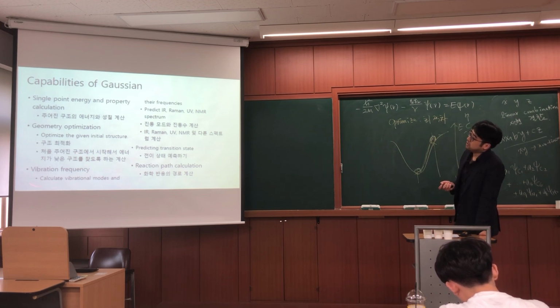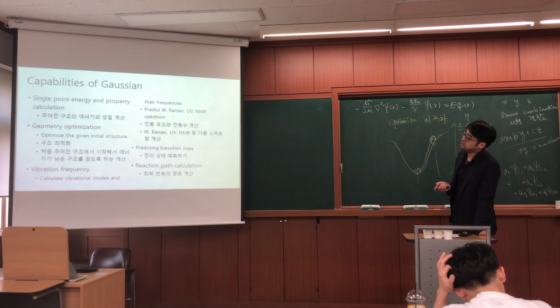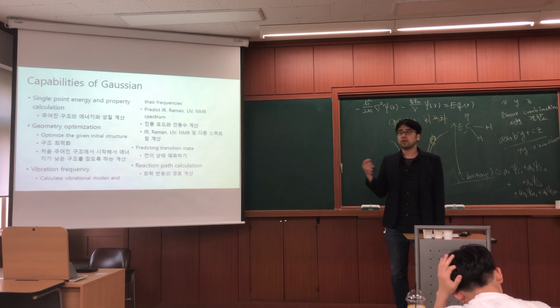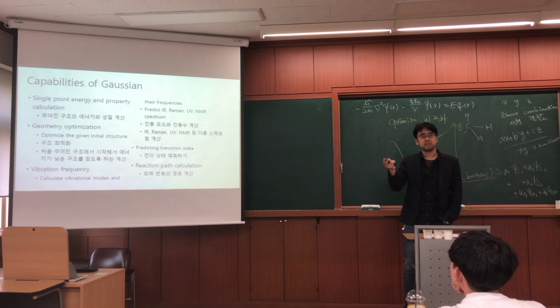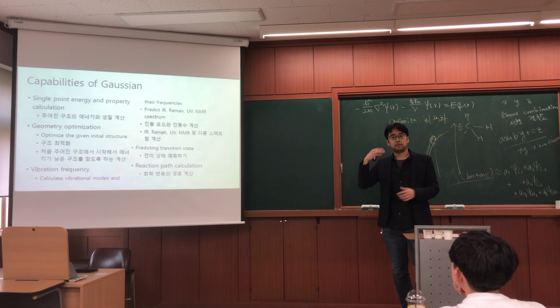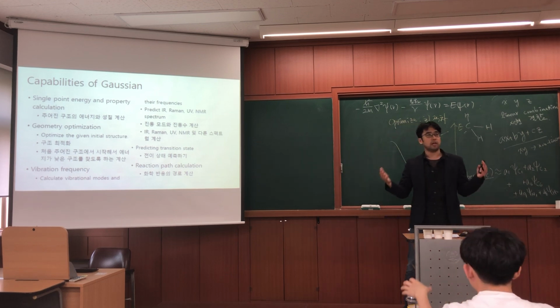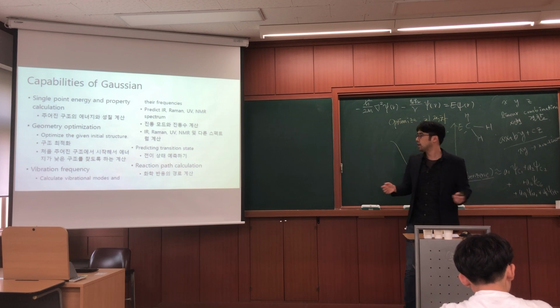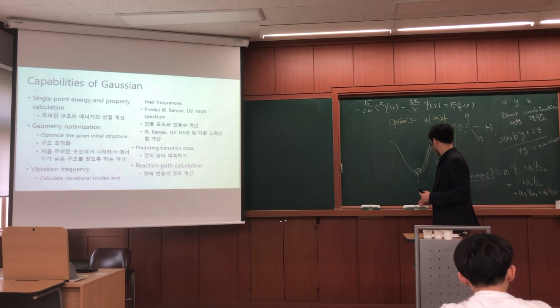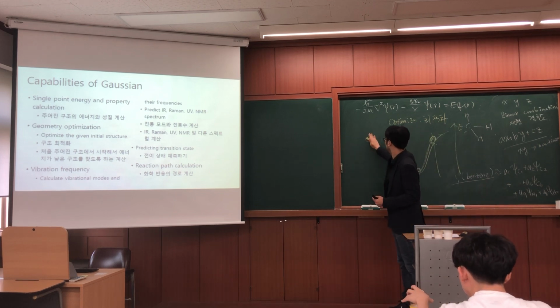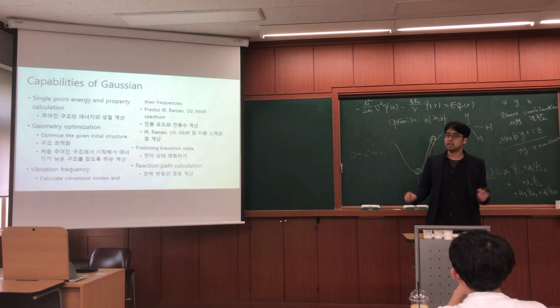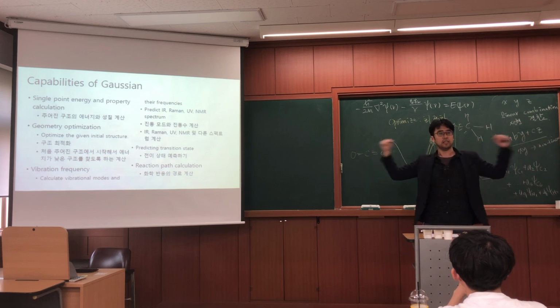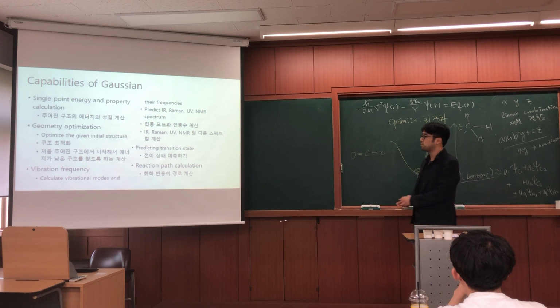Also, Gaussian can calculate vibration frequencies. As you have already learned from physical chemistry class, molecules are vibrating at room temperature. At 300 Kelvin, things keep moving. If we think about carbon dioxide, it vibrates like this, or like this, and it keeps vibrating.